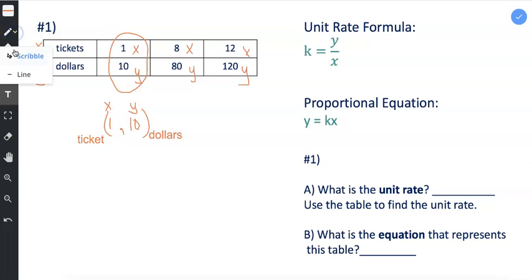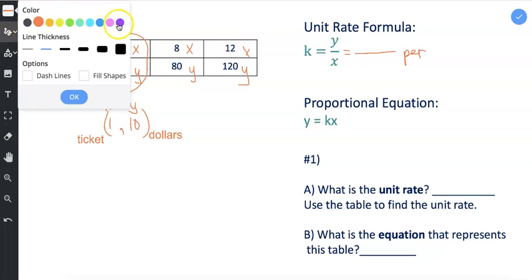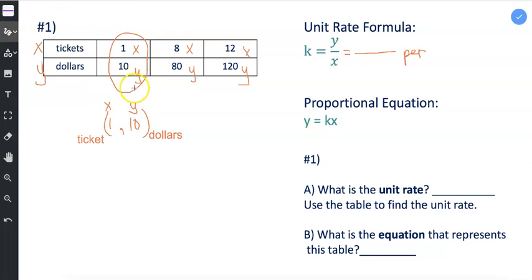Then I'm going to go back to my scribble tool, go over to the unit rate formula, and I'm going to just start filling it in. And remember, I want you to pair the word per with the fraction bar. Then I'll grab a different color, and I'm going to fill in the y variable first.